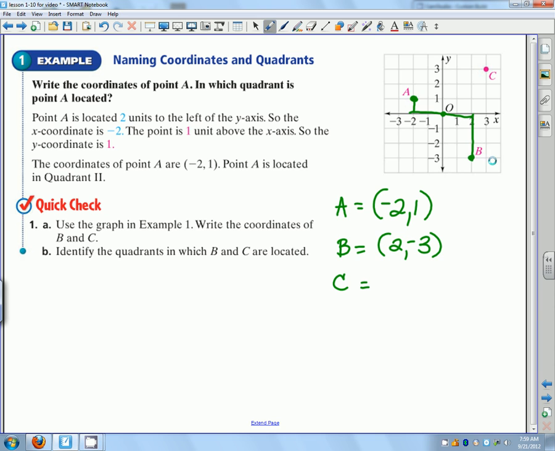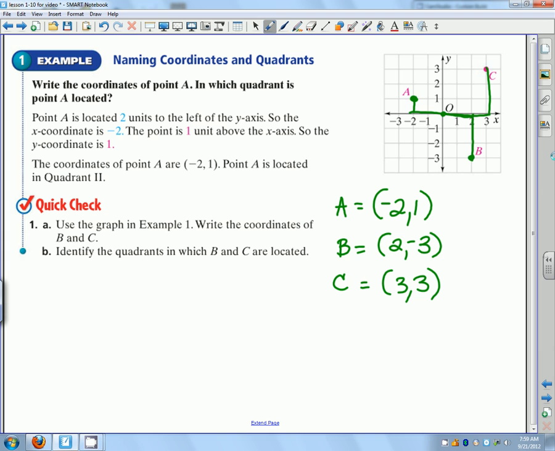So that's 2, -3. The coordinates of C are over 3, so +3, up 3, +3. So it's 3, 3.